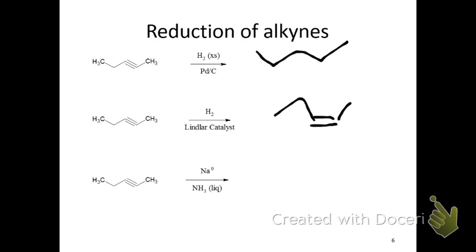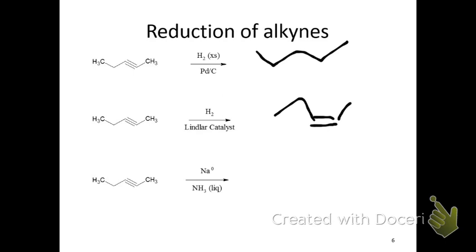The third set of conditions is quite different. That, if you notice on the arrow, is sodium metal. Remember the superscript 0 always indicates that we are using the metal, not an ion. And so sodium metal is dissolved in liquid ammonia, and that liberates electrons, at least theoretically, according to the mechanism that's most likely involved in this reaction.